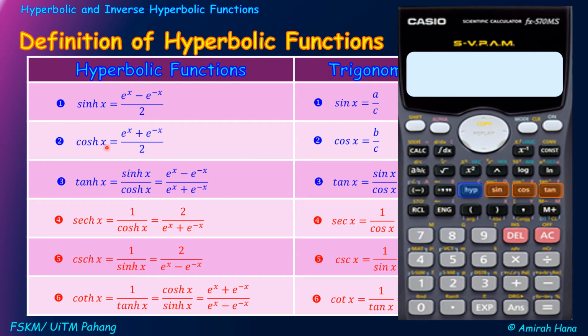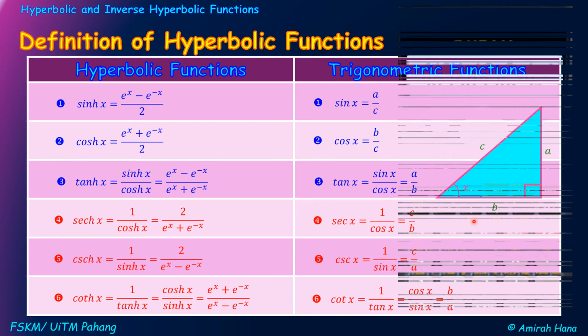To calculate cosh x, we must press hyperbolic cos. And to calculate tanh x, we must press hyperbolic tangent. And then to evaluate the reciprocal functions, we must first evaluate the basic hyperbolic function, and then we exchange numerator and denominator.